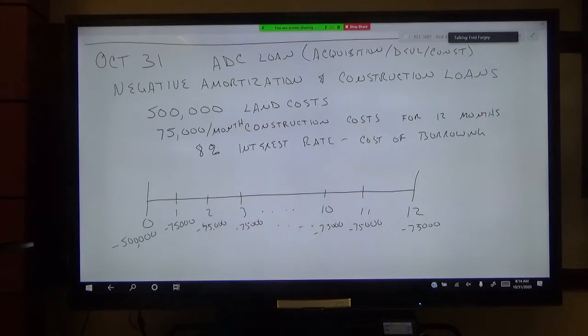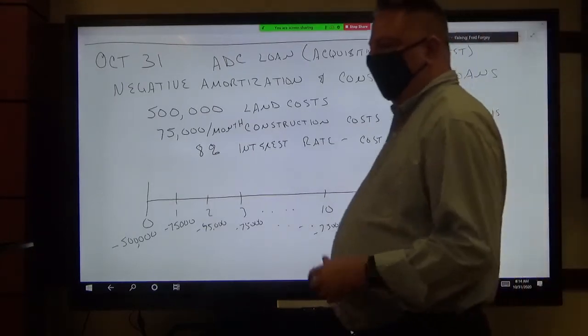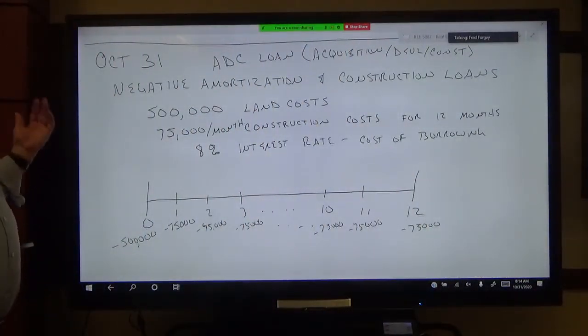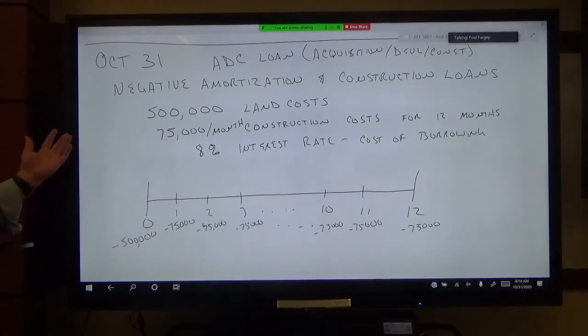So in other words, you can think about it, assuming you could get one of these loans based upon your credit and your history, it's sort of like getting 100% financing, or close to it, okay?